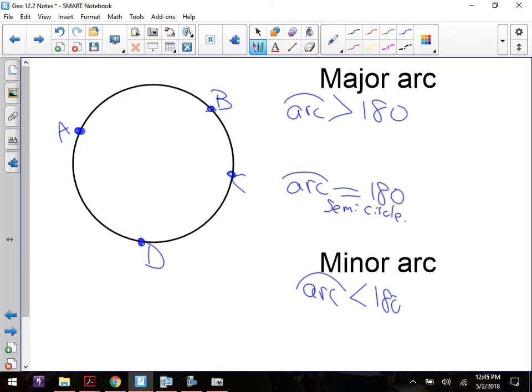If I'm given two letters, it tells me to go the shortest distance between the two points. If I say arc ADB, that means I have to go around the other direction. That's why major arcs were generally written with three letters, which meant minors were two letters.